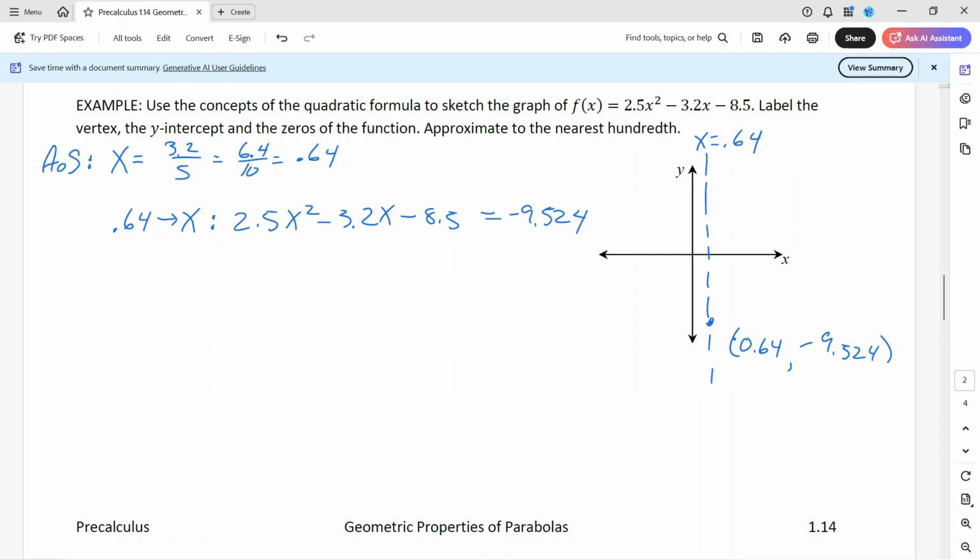Now, I could use my quadratic formula, but what I'm going to do instead is I'm simply going to use my solver. So I'm going to put the original 2.5 x squared, etc., into my y1, and in my y2, I'm going to put 0, because as I find these two points here, I notice that the y value there is 0, and I'm looking for the x value.